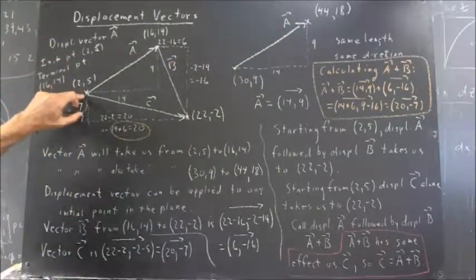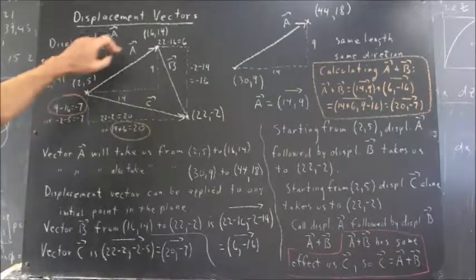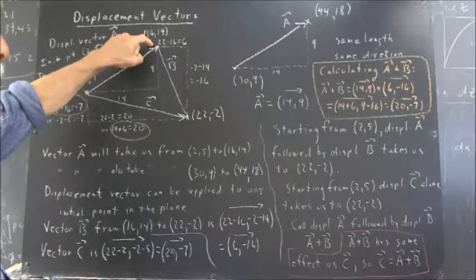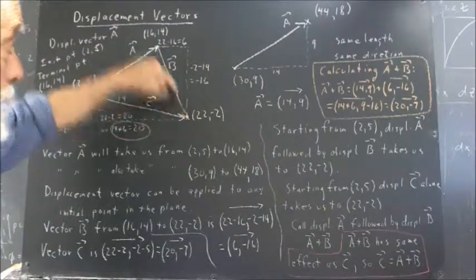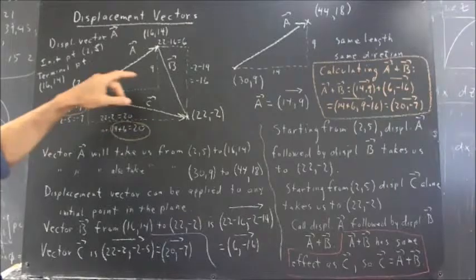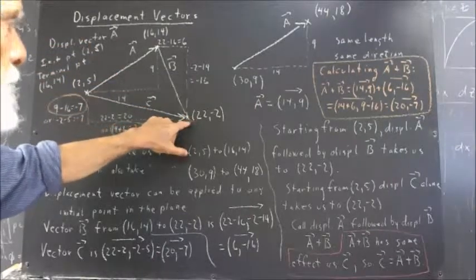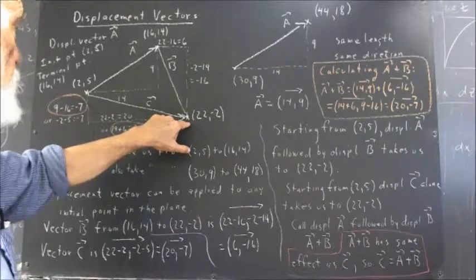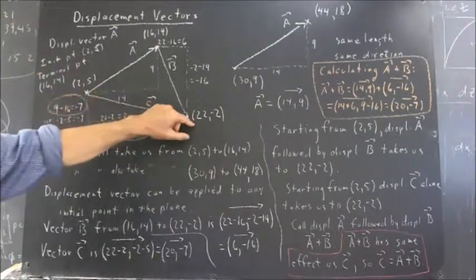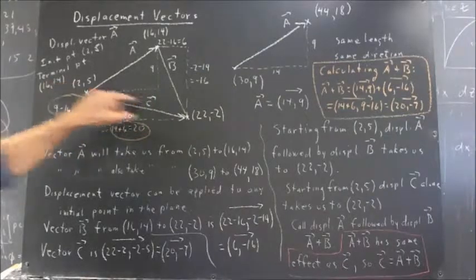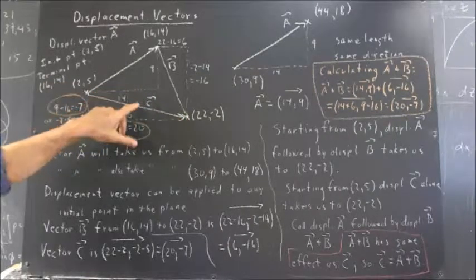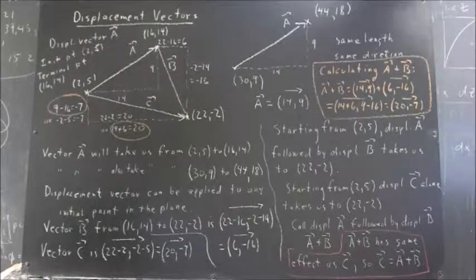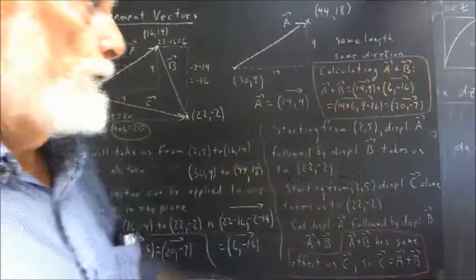Now, if we start at some initial point, apply a vector to get a terminal point, and then use that point as the initial point for the application of another vector, the point that we end up at is the same point we would end up at if we started here and ended here by some displacement vector C, and that vector C is the sum of the vectors A and B, and is calculated this way.